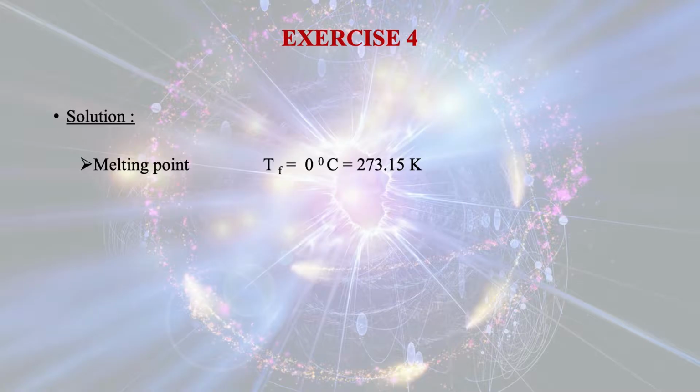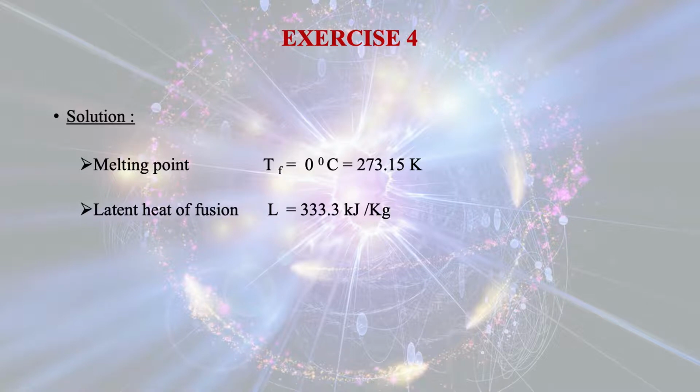So this is also a very interesting problem with regard to the second law of thermodynamics for calculating the change in entropy. The values given are the melting point, that is 0 degree centigrade, that is 273.15 Kelvin. Latent heat of fusion, that is L, is given as 333.3 kilojoule per kg.